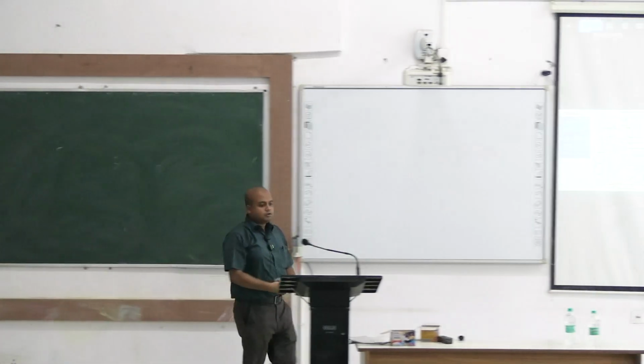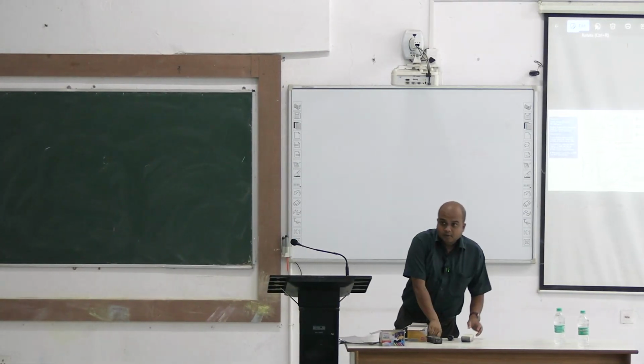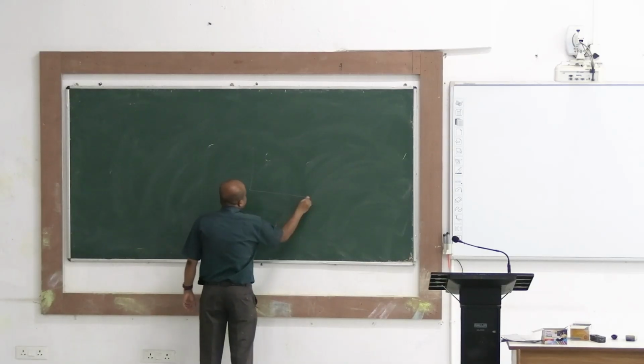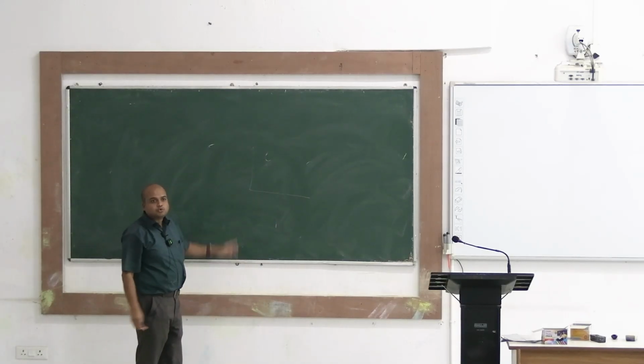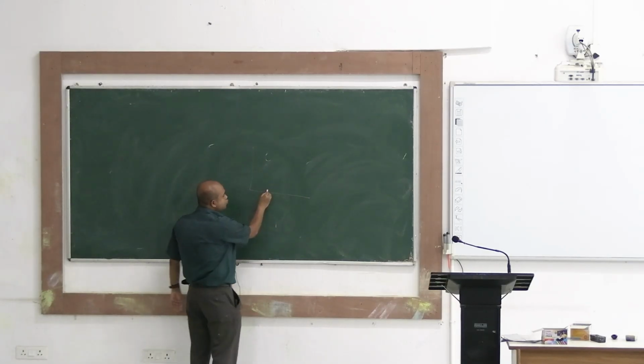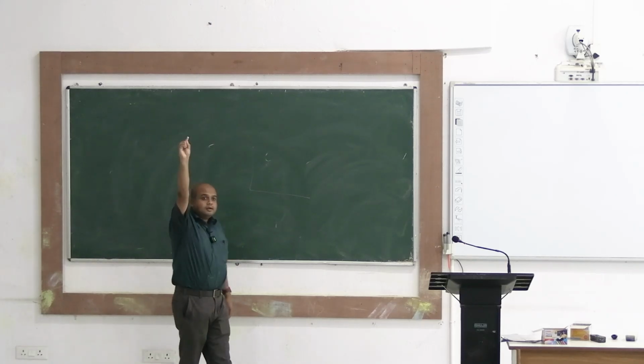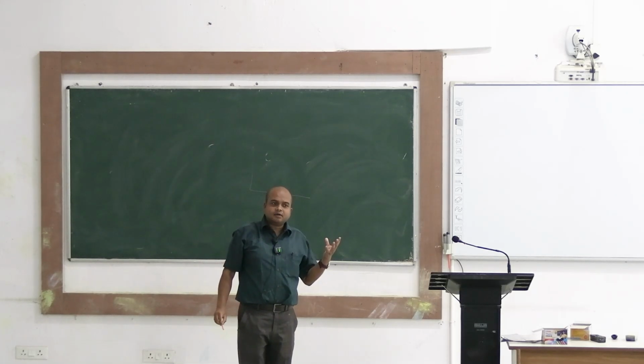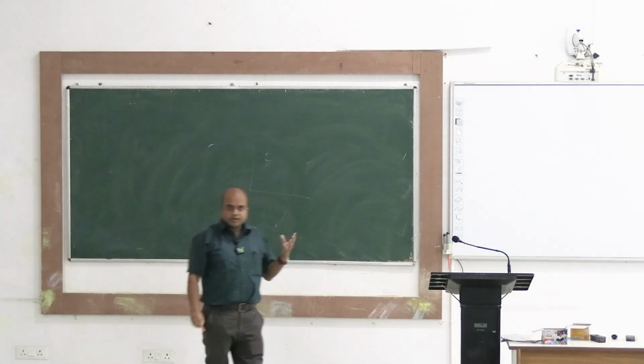So if we plot plasma concentration of glucose, how does it look? As the plasma concentration of glucose increases, the filtered load increases.